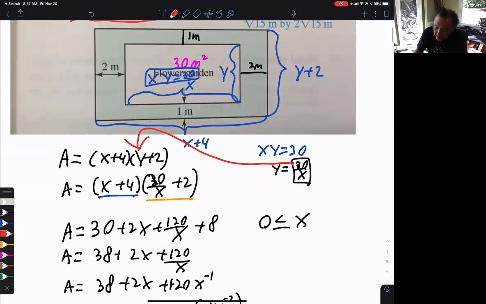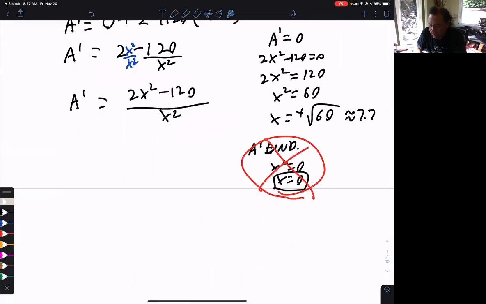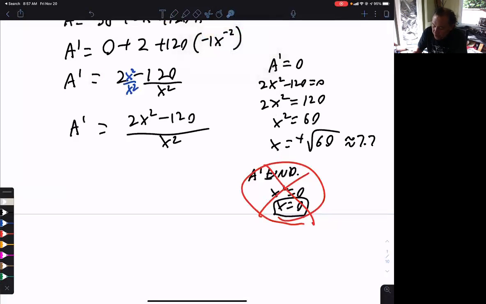And the shortest this side could be is 0. X can be the smallest is 0. That's an endpoint. Therefore, x equals 0 is not a critical point. And this is good news because it appears we have only one critical point. And if that's a relative min, it has to be an absolute min by that theorem that we learned recently.